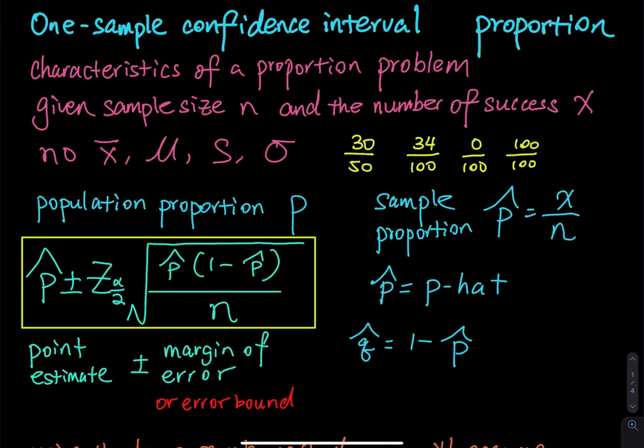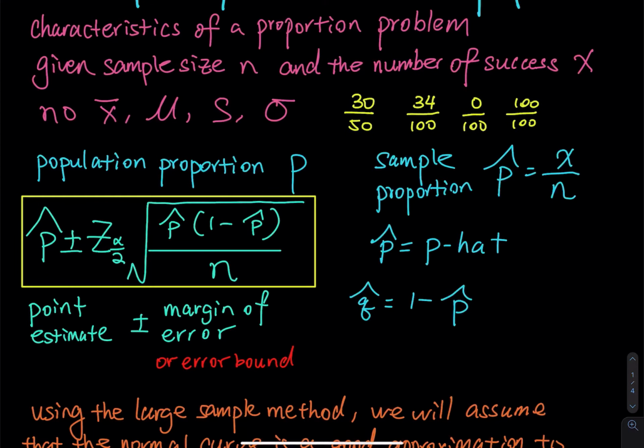So let's jump right into the formula. The formula to calculate a confidence interval for a proportion procedure is P hat plus or minus Z half alpha times the square root of P hat times 1 minus P hat divided by the sample size. The way we build a confidence interval is we start with a point estimate, and then we add and subtract the margin of error.